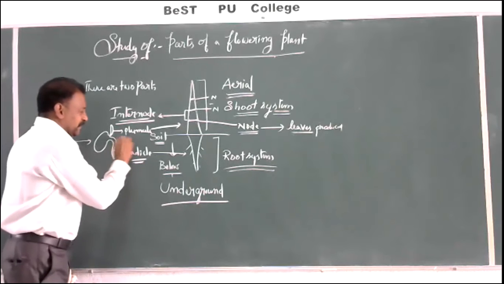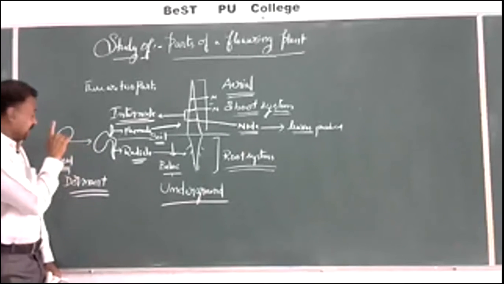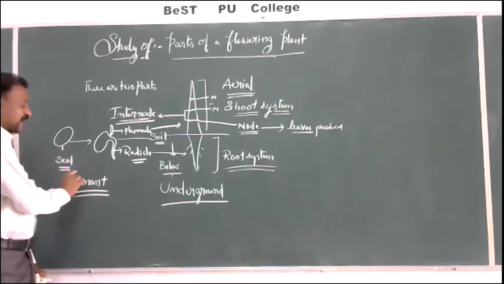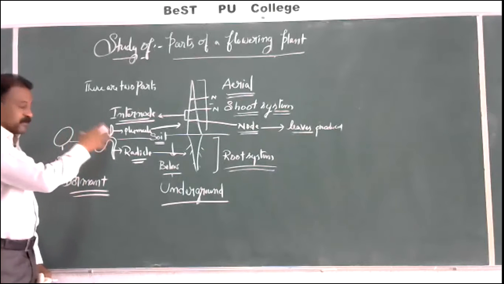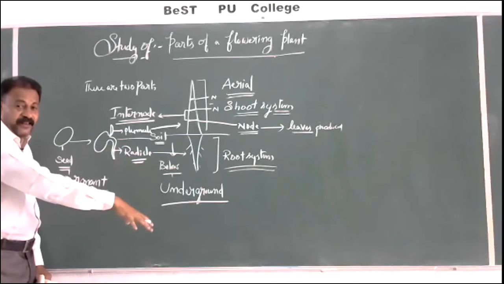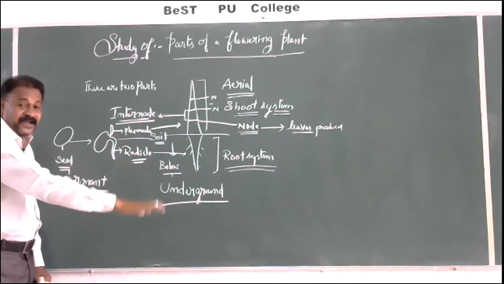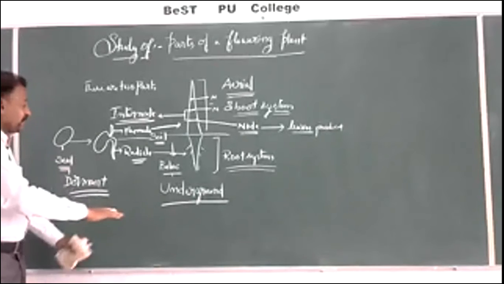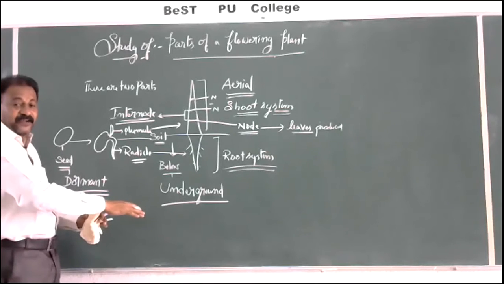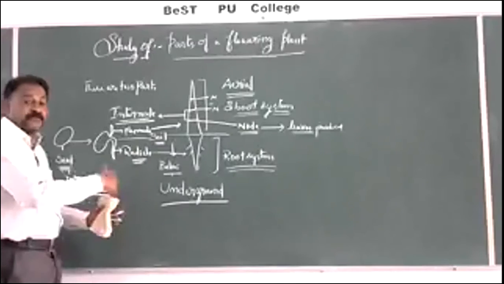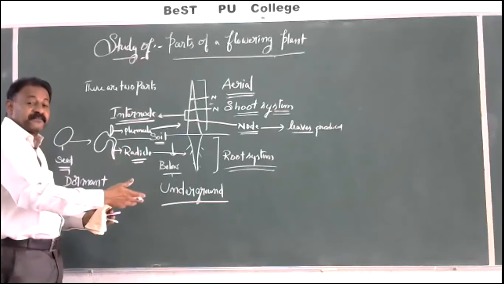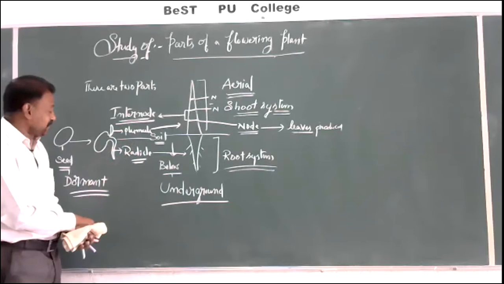So, whenever a seed which is dormant is in the soil and poured with water, within a time period of 2 to 3 days, the germination depends upon the type of species, seeds.